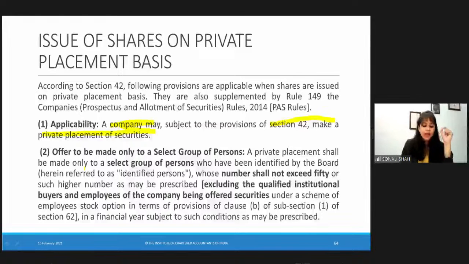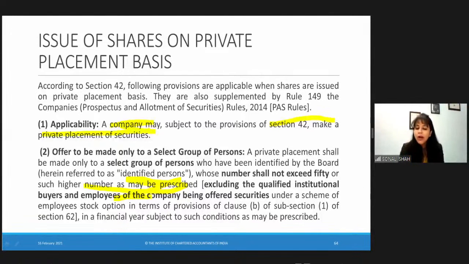The law says the number shall not exceed 50 or such higher number as may be prescribed. The higher number that has been prescribed is 200. So the limit of the number of people to whom an offer of securities is made is 200.